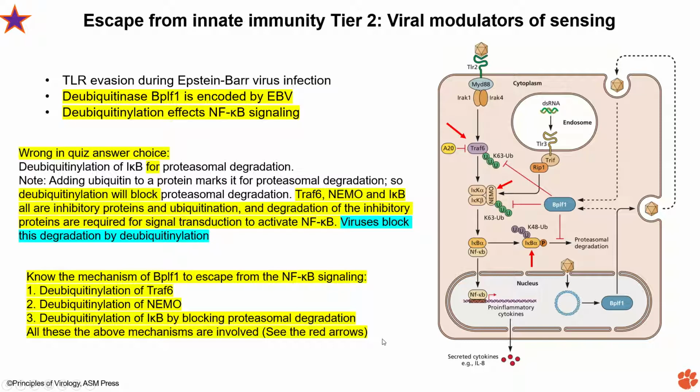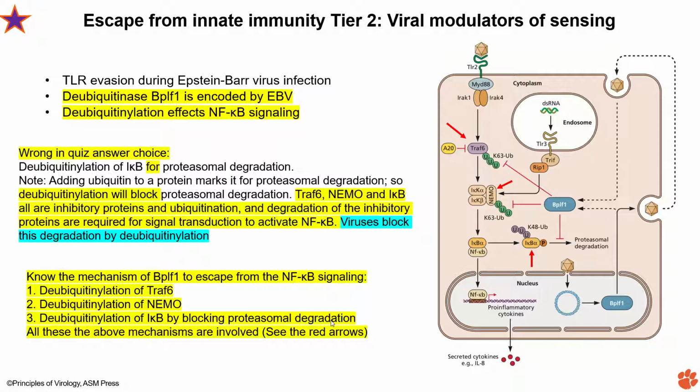One of the choices I had was deubiquitination of I kappa B for proteasomal degradation. That was the question, for proteasomal degradation.